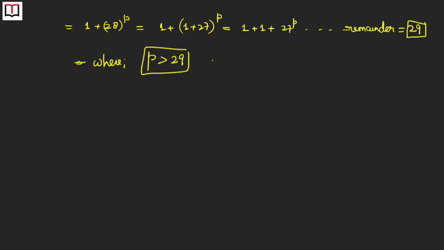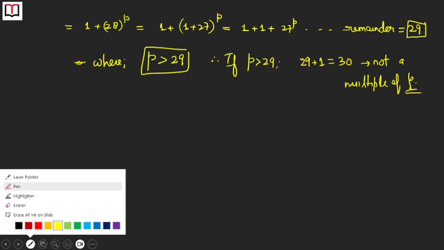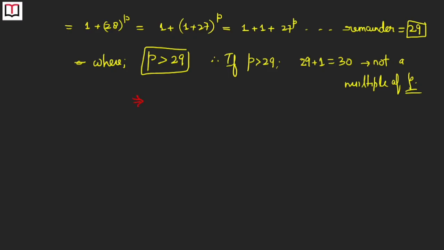So if p is a prime number greater than 29, then 29 is the remainder, but 29 plus 1 is 30, which can't be a multiple of p. Never, for whatever prime number you take, 30 can't be a multiple of p. So this simply implies p has to be less than 29.